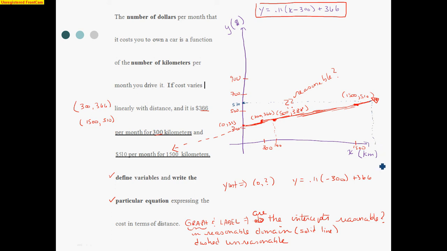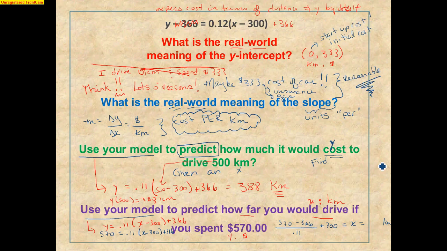What did you get? 570 minus 366 divided by 0.11 plus 300. Did you get 2,154.5-ish? Okay. Round to one or two places past the decimal. Don't round to a whole number. And then again, think to yourself, is that reasonable? We looked back at the graph and we said, yeah, we thought that was pretty reasonable.